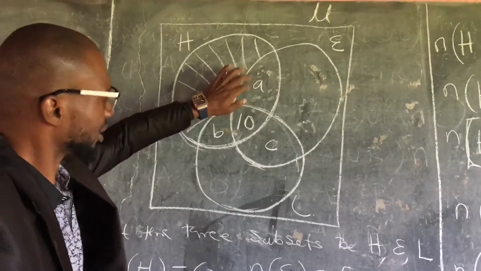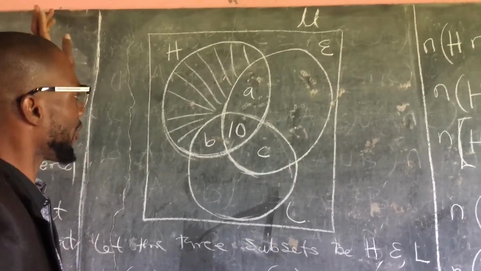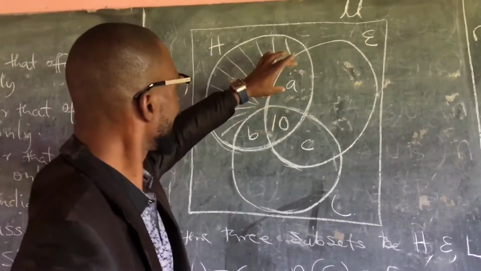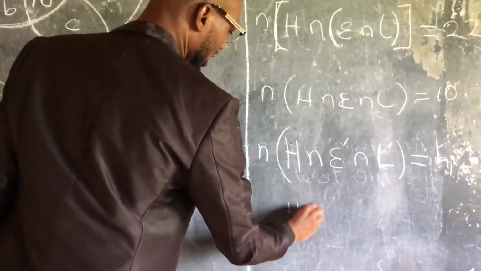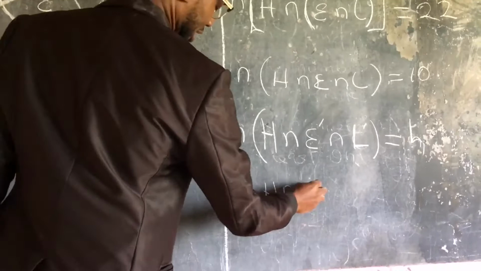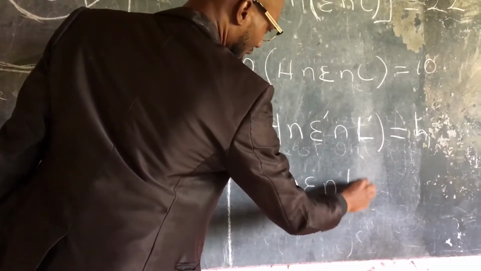What is this part? If you followed me in our class before, you will know this part is the part I call H intersect E intersect L complement.